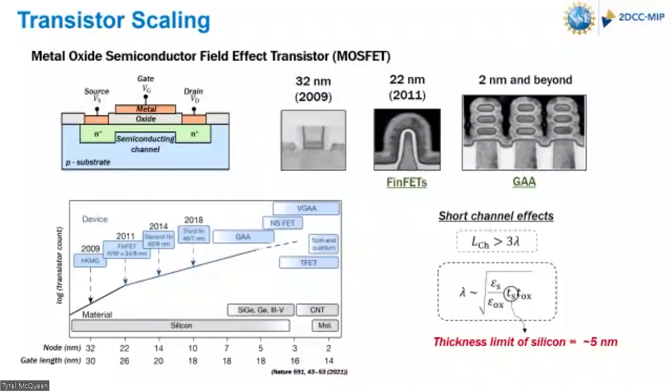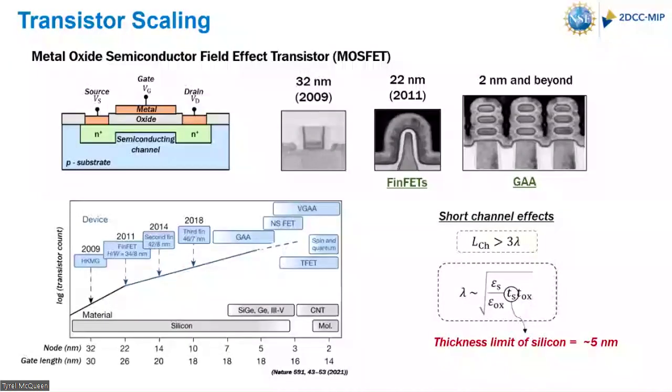But then to try to get around this problem even further, the semiconductor industry switched to this FinFET geometry. So now, rather than just having the gate on one side of the semiconductor, you wrap it around 3 sides, right? That gives you improved electrostatic control. You combine that with hafnium dioxide, things look pretty good.